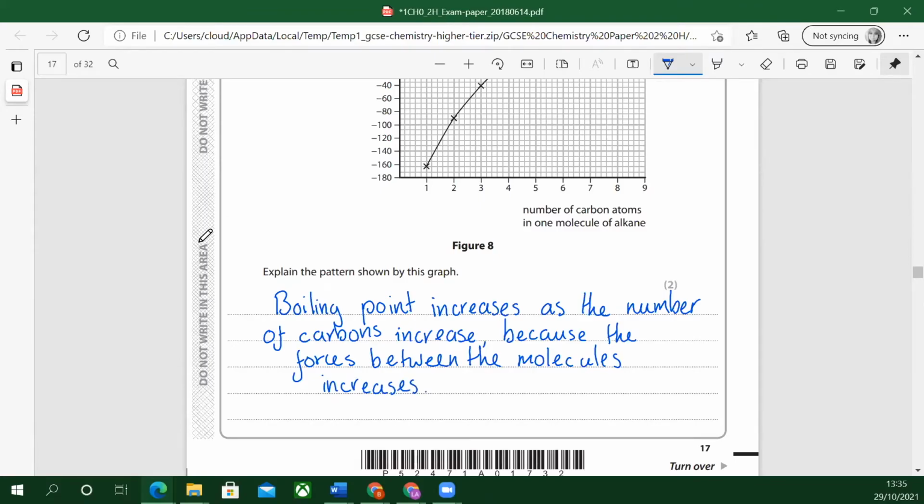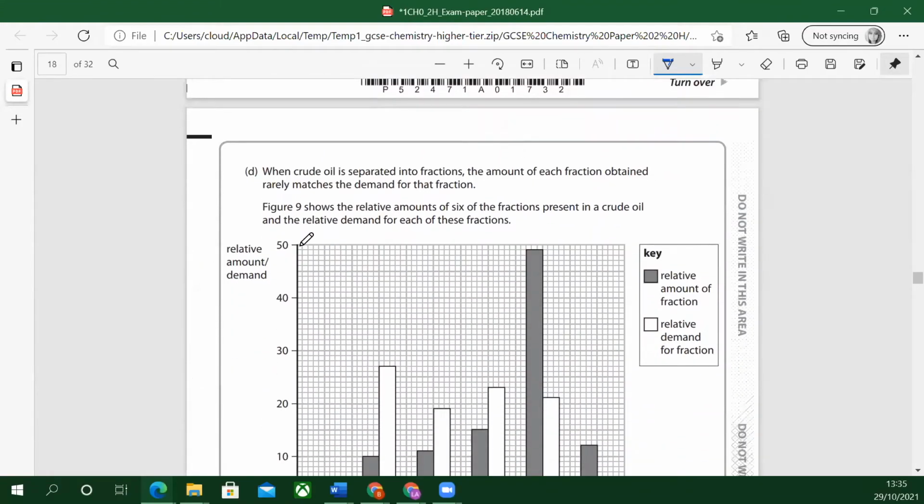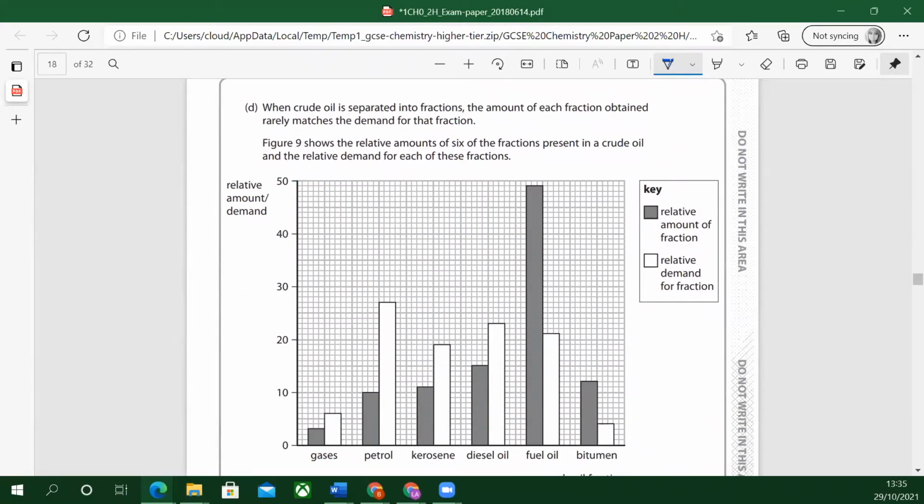Cool. That's it for 2 marks. Nice and easy, really. Just a second bit you have to remember.